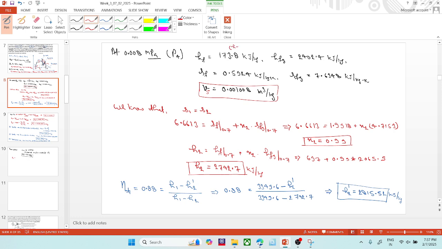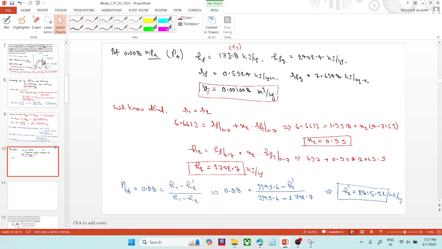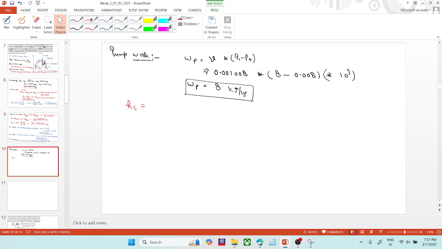Okay, so H5 value we are having 173.8 kilojoule per kg, and H6 would be H5 plus specific pump work.